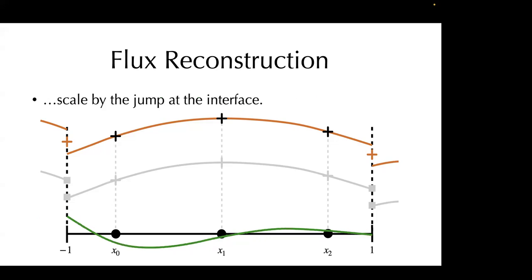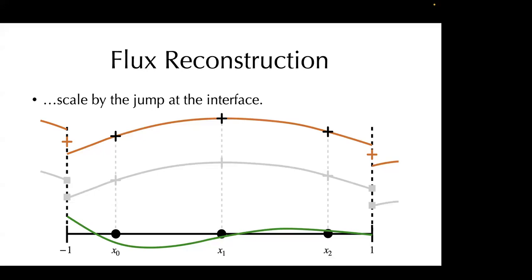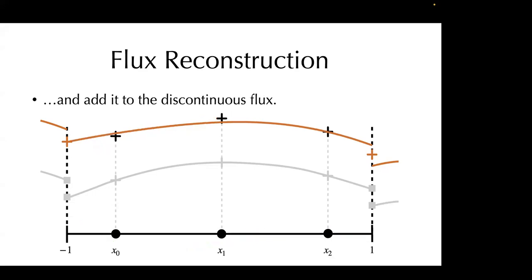Then we're going to add it into our flux polynomial. The effect being that our flux polynomial will now become of degree k plus 1 and will take on the value of the common interface flux at the left-hand side. This is by definition of how we scaled our correction function by the size of the jump.